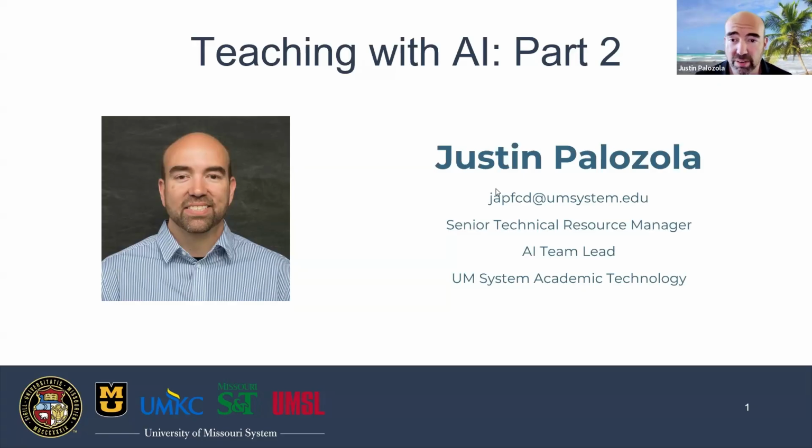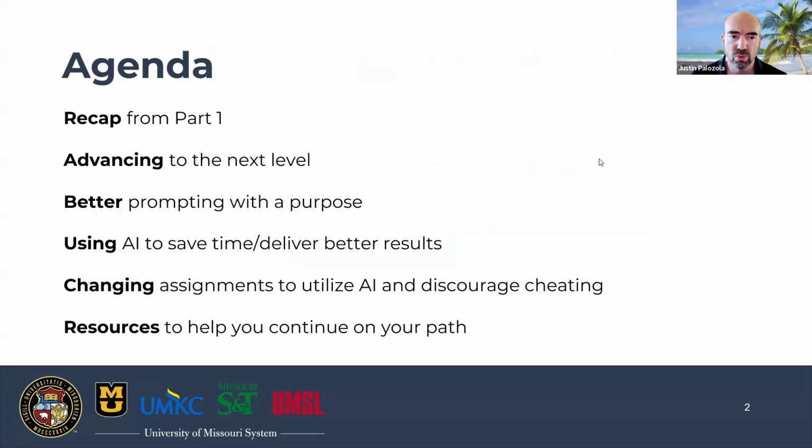So, okay, teaching with AI part 2. The agenda for this 1 hour session is I want to recap part 1, just to go over again some basics that we talked about last time, or maybe if you're new this time.